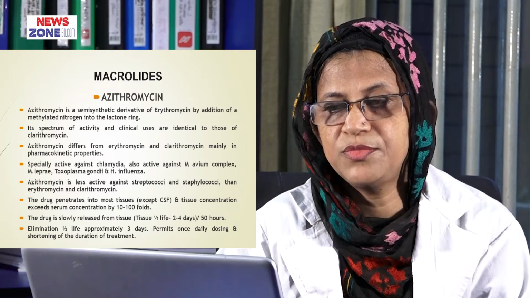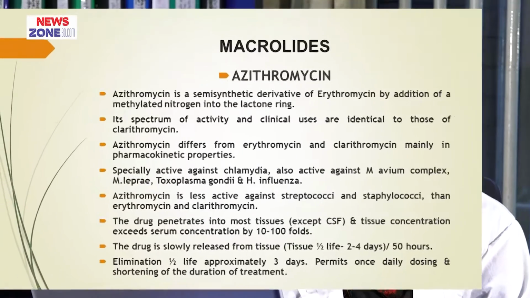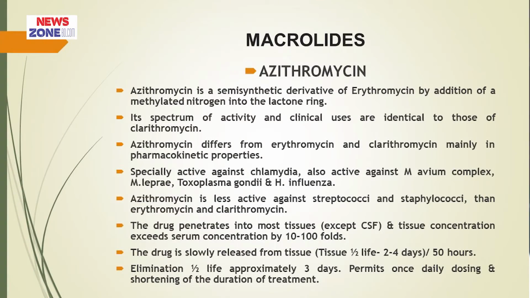Azithromycin differs from erythromycin and clarithromycin mainly in pharmacokinetic properties. It is especially active against chlamydia, and also active against Mycobacterium avium complex, Mycobacterium leprae, Toxoplasma gondii and Haemophilus influenzae. It is less active against Streptococcus and Staphylococcus than erythromycin and clarithromycin.